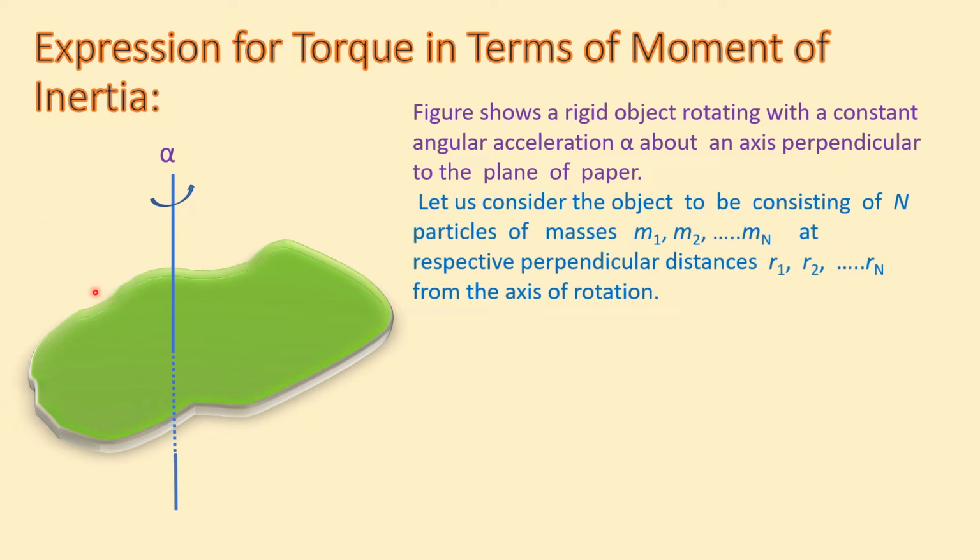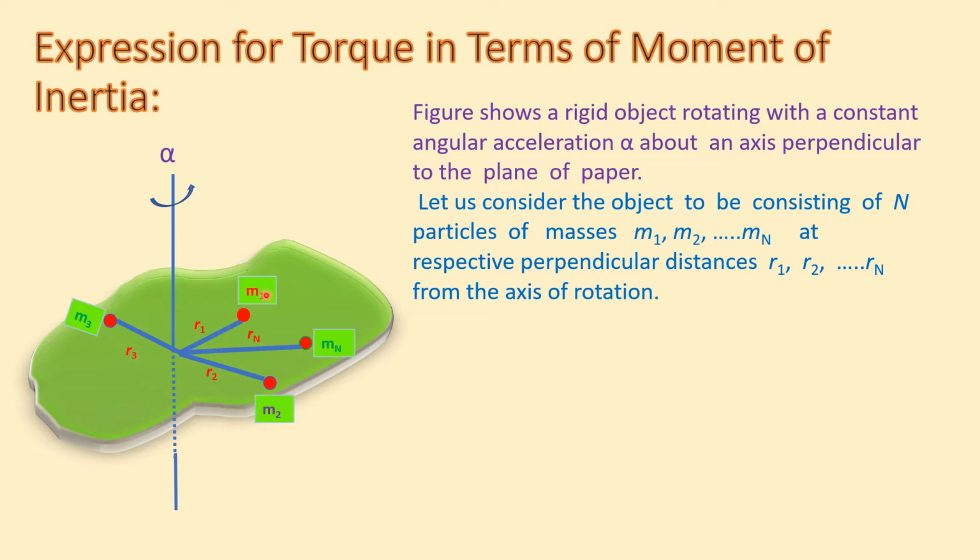Let us consider that this object consists of n particles of masses m1, m2, m3 and so on up to mn, at respective perpendicular distances r1, r2, r3 and so on up to rn from the axis of rotation.